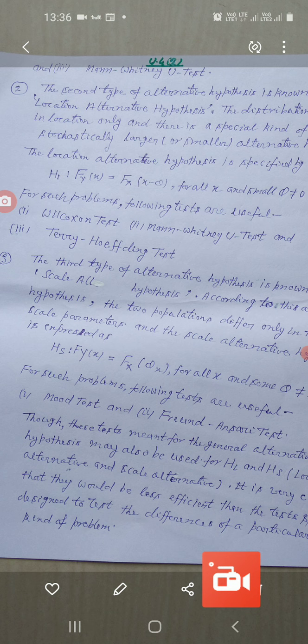For such problems, the following tests are useful, that is Mood test and Ansari test.